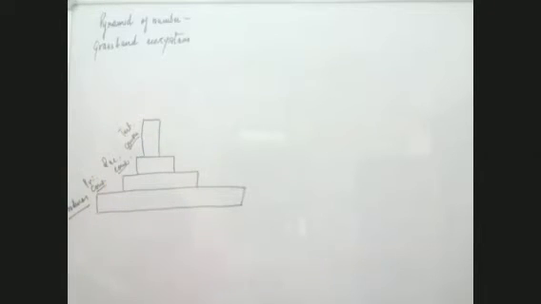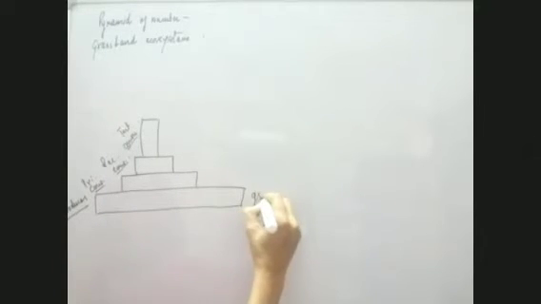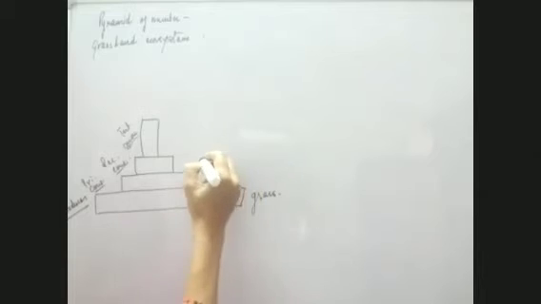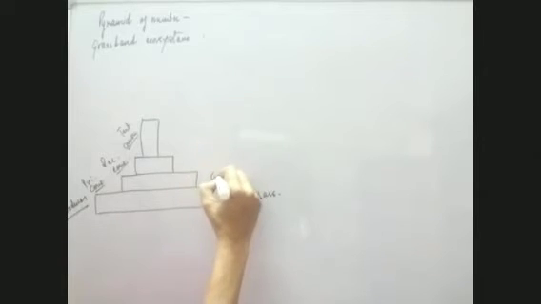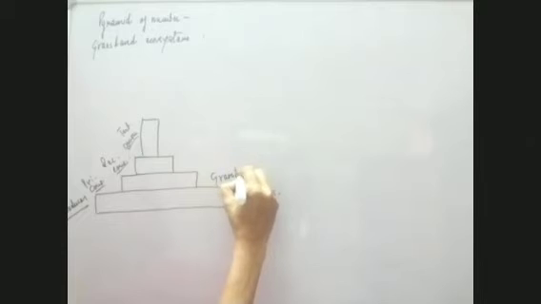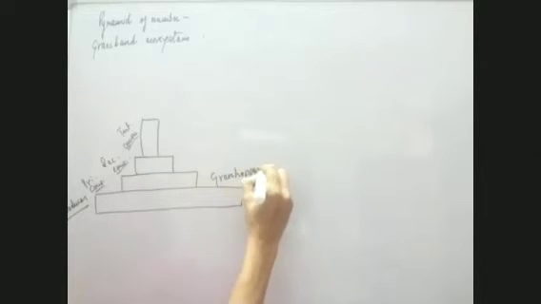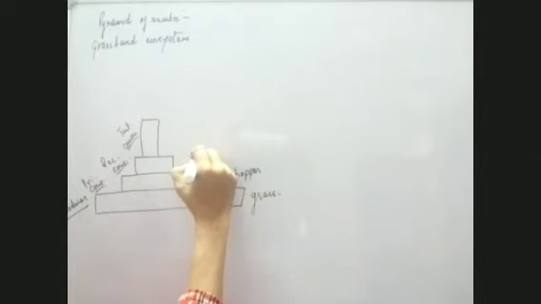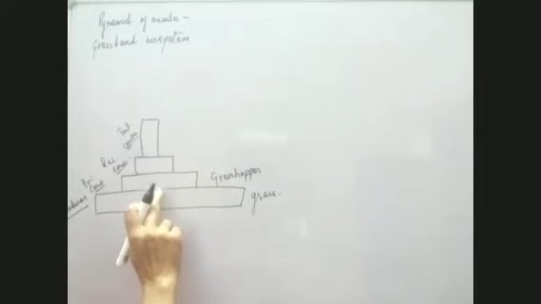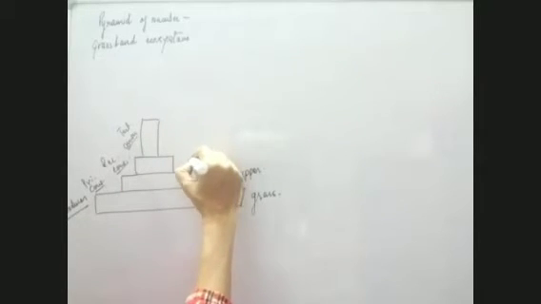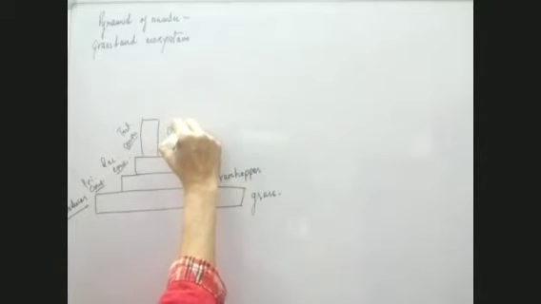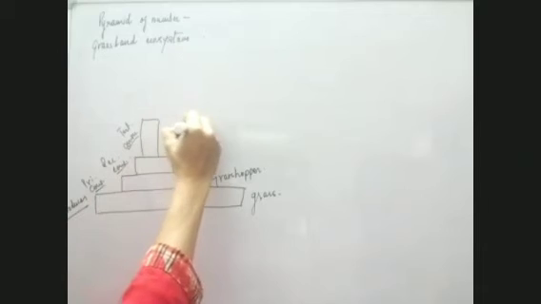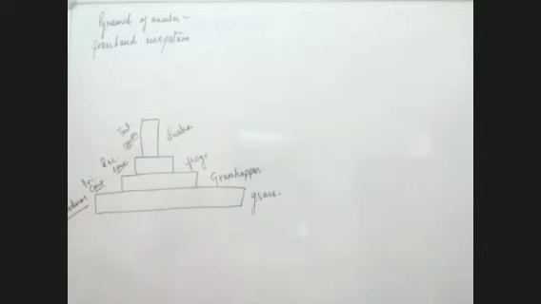This is the topmost trophic level. Suppose we consider the producers to be grass. Grass is eaten up by grasshoppers, the grasshoppers are eaten up by frogs, and the frogs are eaten up by snakes. These are the 4 trophic levels.